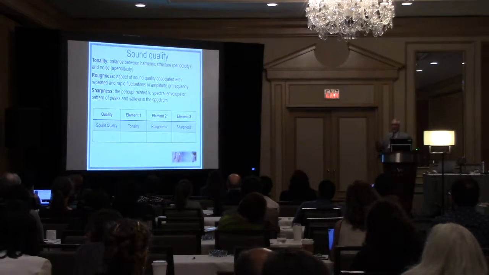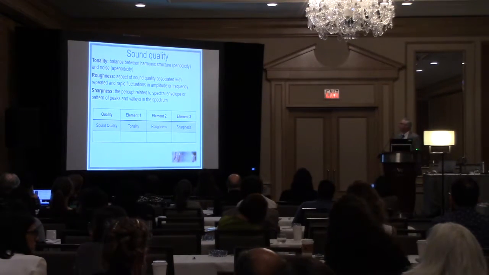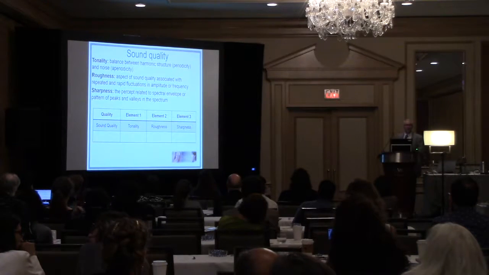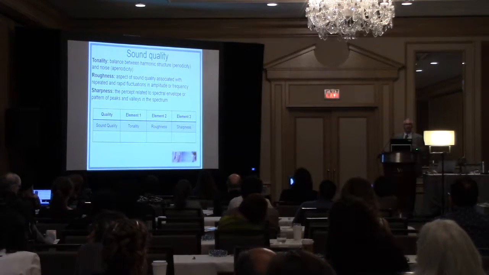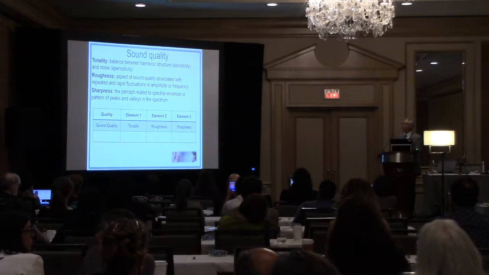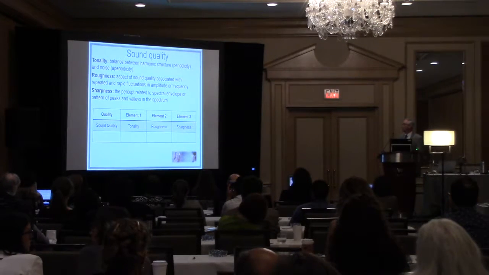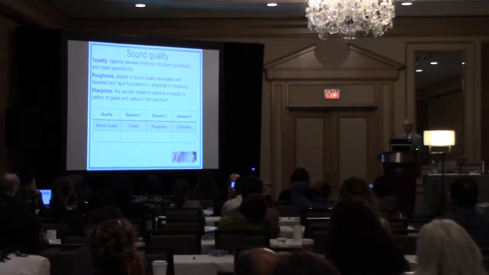So in sound in general, in auditory perception, there are 3 basic sound qualities. There are many, many qualities, but sort of 3 primary sound qualities: tonality, roughness, and sharpness.